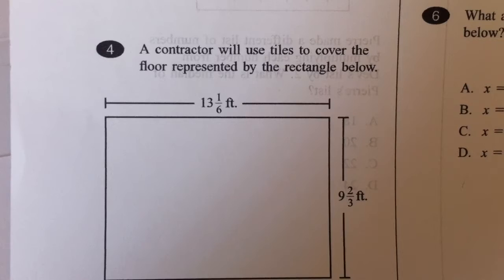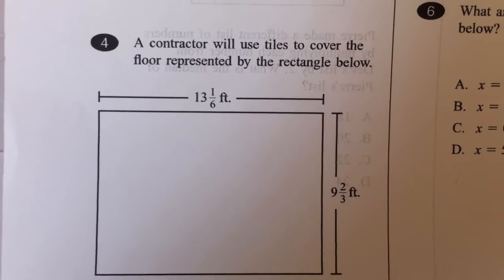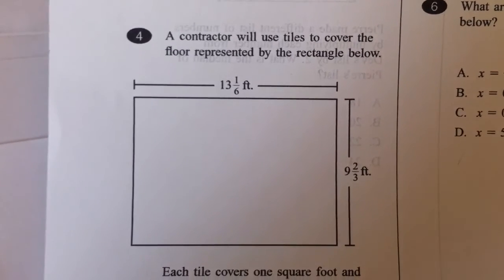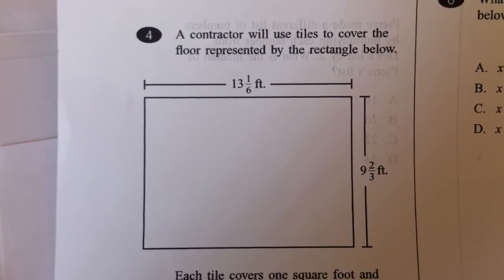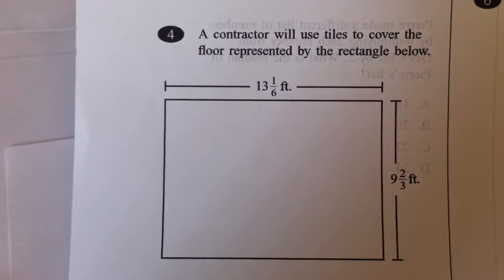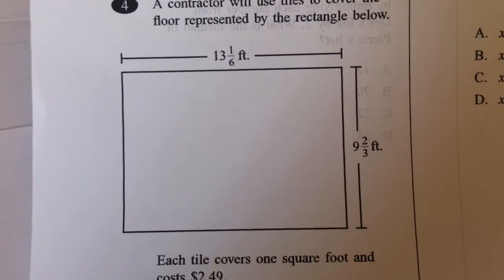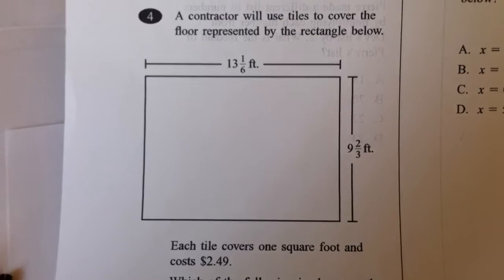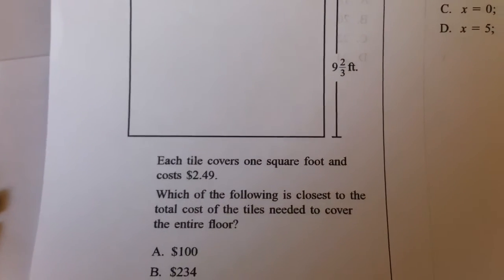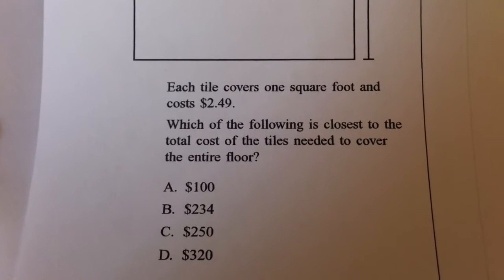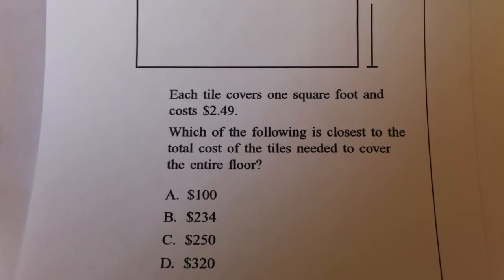A contractor will use tiles to cover the floor represented by the rectangle below. We have a rectangle, dimensions of 13 1/6 foot and 9 2/3 of a foot. He's trying to cover it with tiles. So each tile covers 1 square foot and costs $2.49.